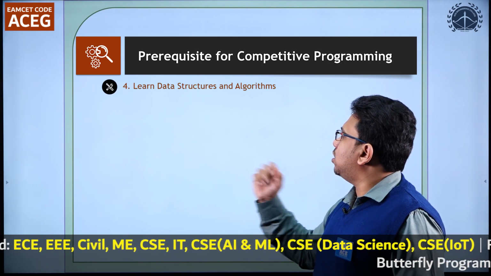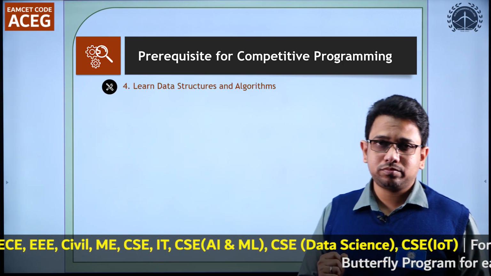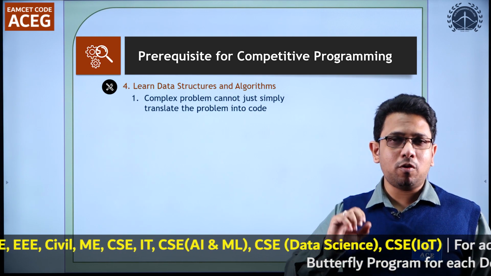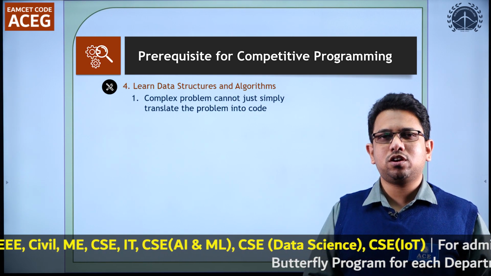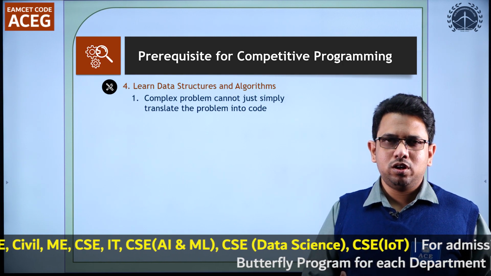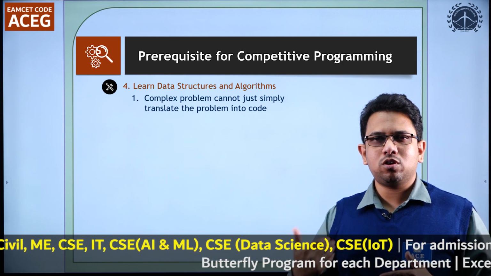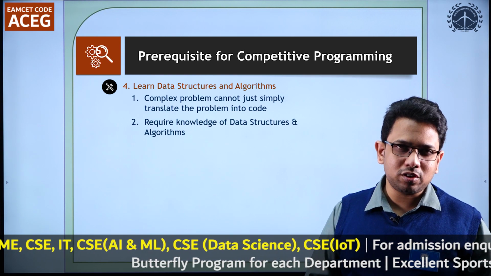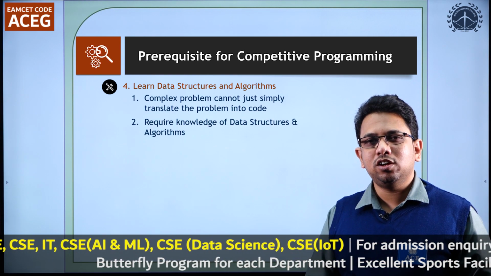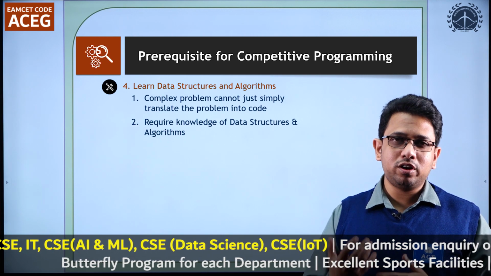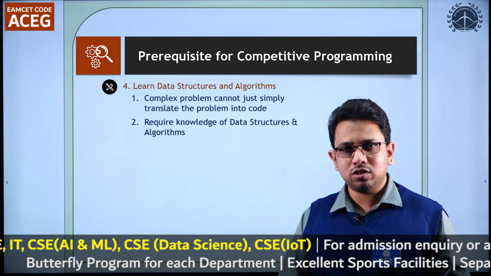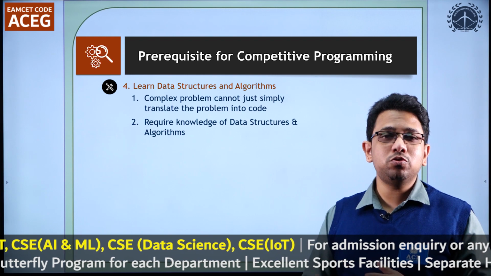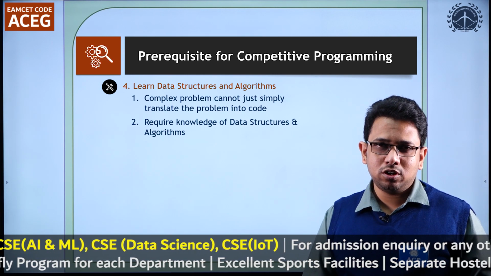Then learn data structures and algorithms. For complex problems, you cannot just convert the problem statement directly into code. You need the help of data structures and algorithms. For optimizing, there are a lot of algorithms and data structures you will generally be using, like the stack data structure, which is very useful for code optimization.